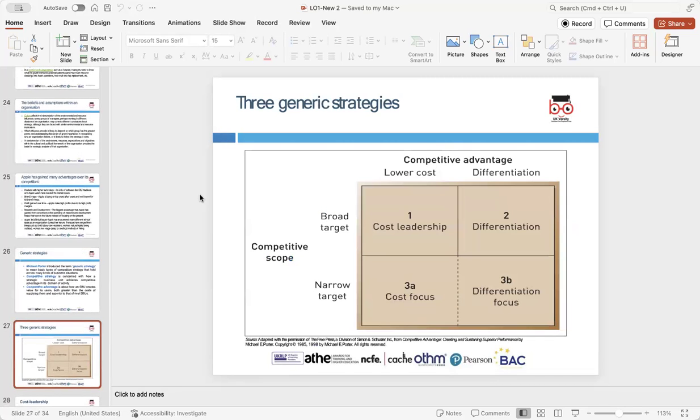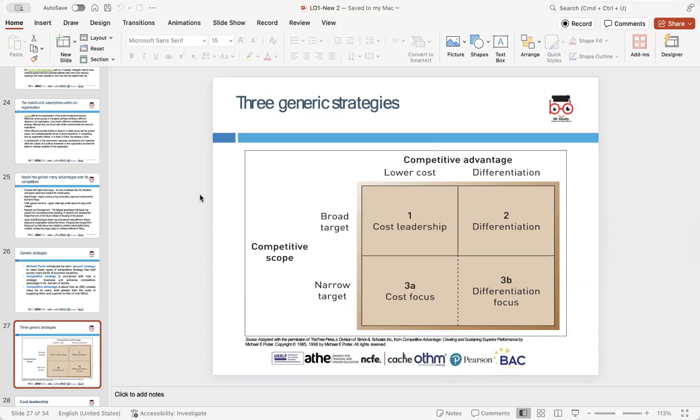So here, if you look at Michael Porter's generic strategies, he identifies basically three main generic strategies that organizations can adopt to achieve a competitive edge: cost leadership, differentiation, focus, and cost focused differentiation focus. So cost leadership aims to become the lowest cost producer in the industry.